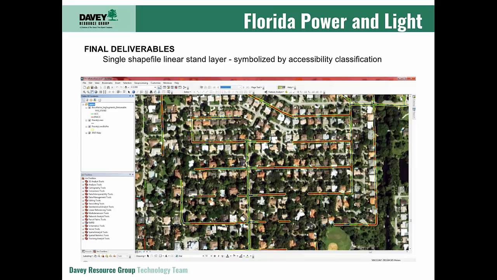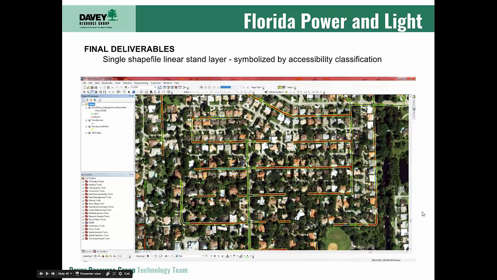And on the next slide, you can see an example of the map that we were able to produce. The red areas are considered accessible by climb, green areas are considered accessible for lift, and the blue areas are considered areas that do not have any vegetation, so the utility doesn't need to include those in their workload estimates.